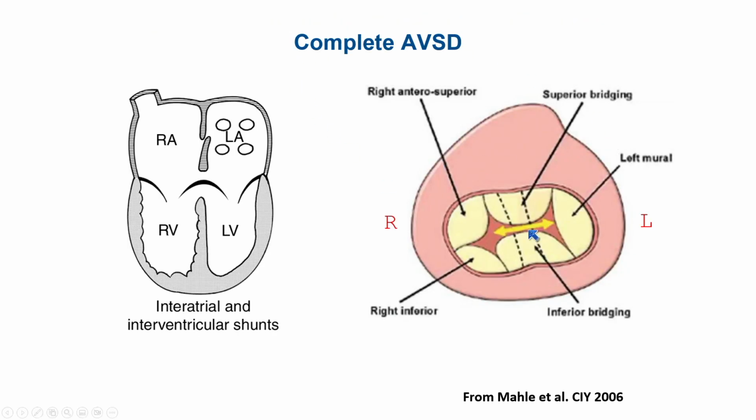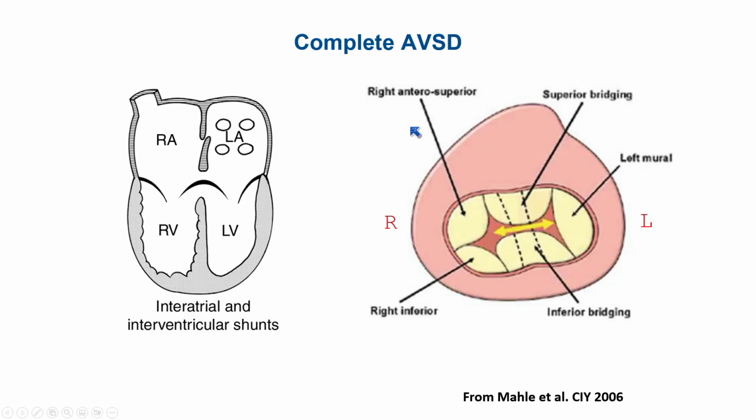Now, with the complete AVSD, as with the partial AVSD, we have an abnormal AV valve. It consists of 5 leaflets with 2 bridging leaflets, which are shown here, superior and inferior. The mural leaflet is no more where it was. Usually it goes this way, but it's really more lateral.